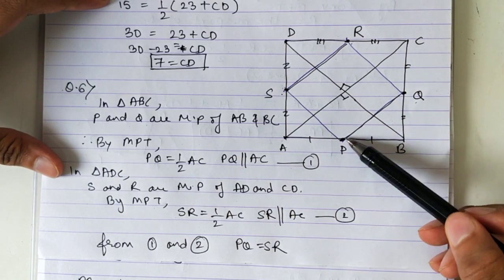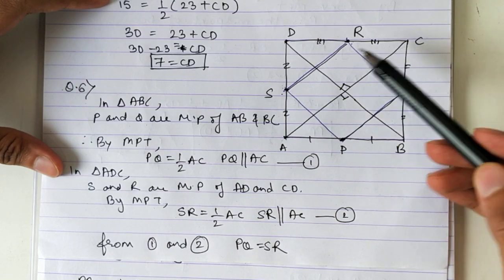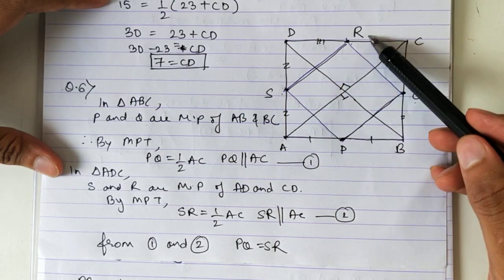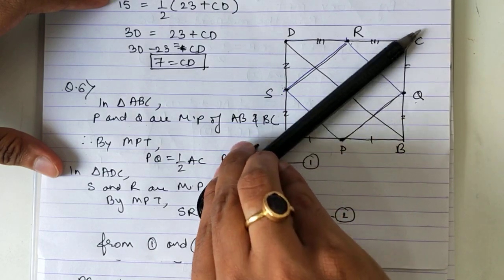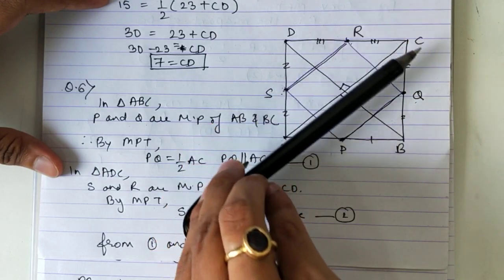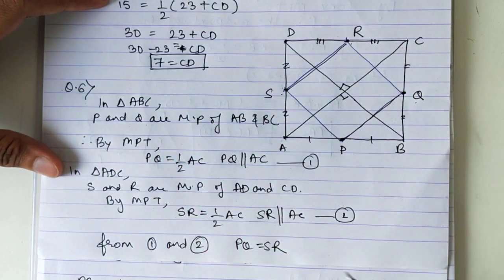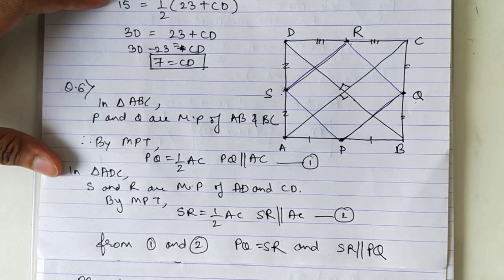And also PQ is parallel to AC, SR is parallel to AC. So that means these both are also parallel. Okay, see these two lines are parallel, these two lines are parallel, and these two lines are parallel. That means this and this line is also parallel. Okay, and SR is parallel to PQ.